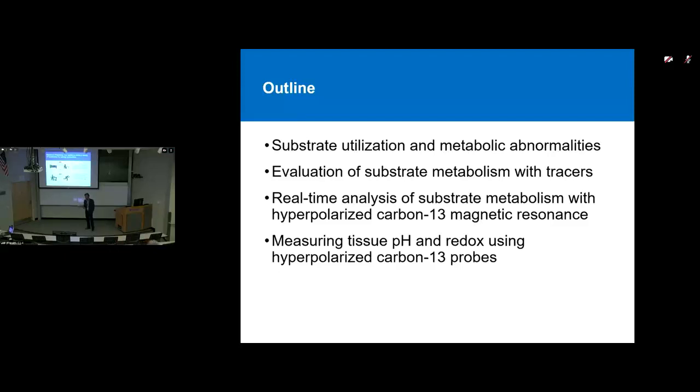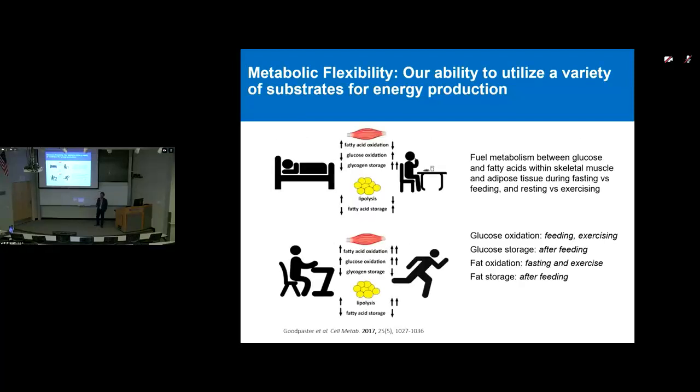As we are all aware, we are blessed with metabolic flexibility, both on the macroscopic scale and on the cellular scale, meaning that our bodies and our cells can utilize different substrates for ATP production, for energy production. When we're healthy, these preferences can be switched and alternated as needed. For example, you wake up, you don't have a lot of carbohydrate.